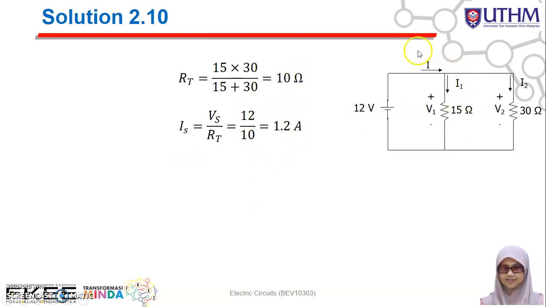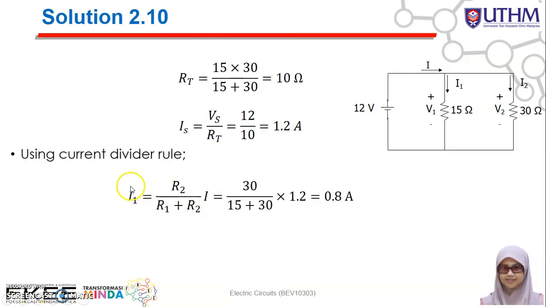Once I find the value of I supply, which is I equal to 1.2, I can just use the current divider rule. So I1 is equal to R2 over R1 plus R2. R2 is equal to 30 over 15 plus 30 multiplied with 1.2. So I get 0.8 ampere.